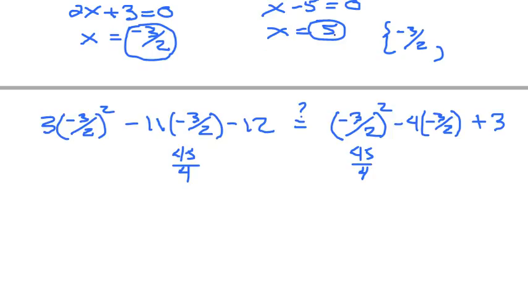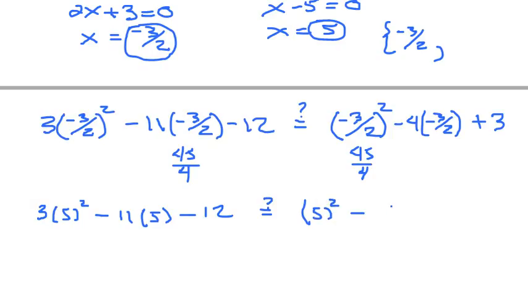And what was our other one up here? 5, so we got to plug that in. 3 times 5 squared minus 11 times 5 minus 12. Is that equal to minus 4 times 5 plus 3?